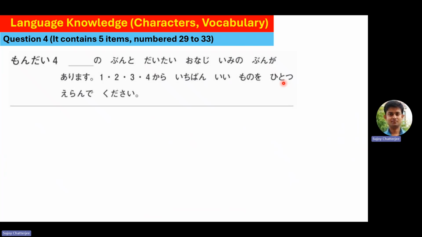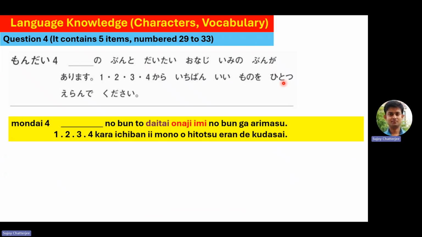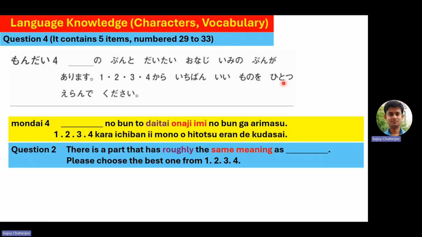So now we are at question type 4, Mondai 4, which is dash no bun to daitai onaji imi no bun ga arimasu. That means there is a part that has roughly the same meaning as the dash. Onaji imi means same meaning, and daitai you already know, we have done this in one of our lessons. It means roughly or approximately. Bun means part.